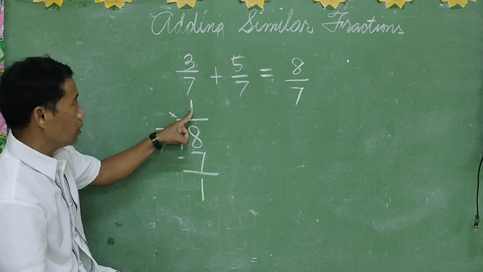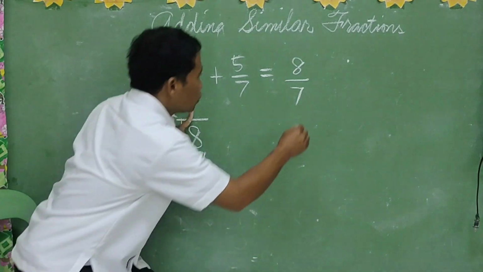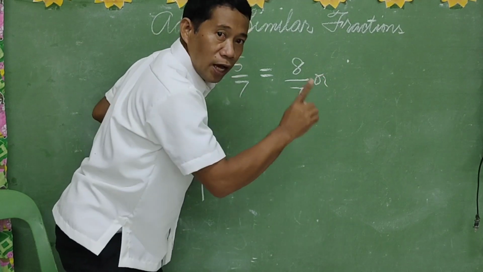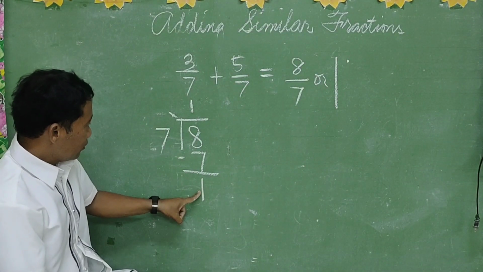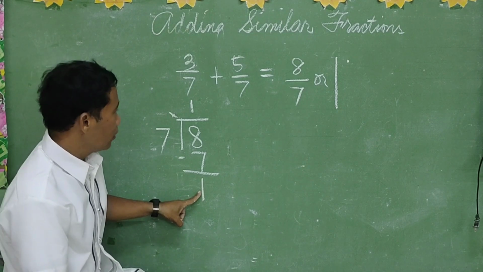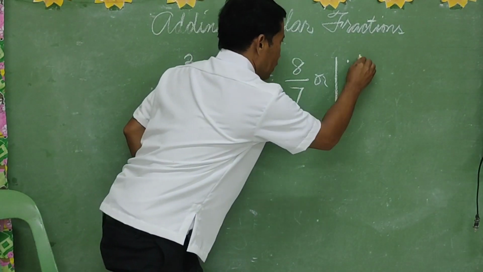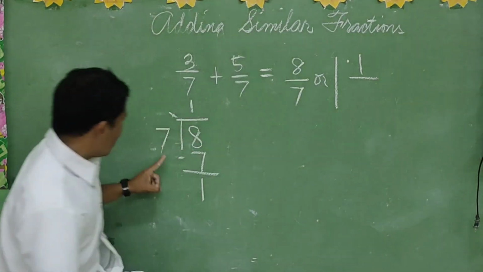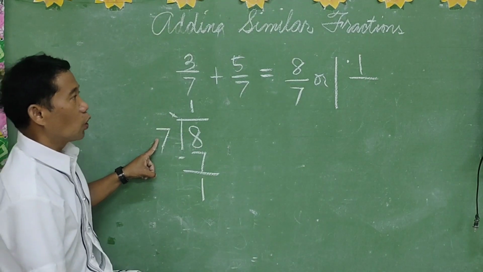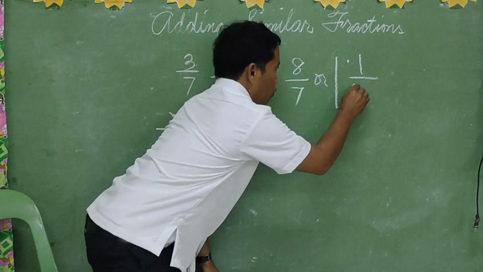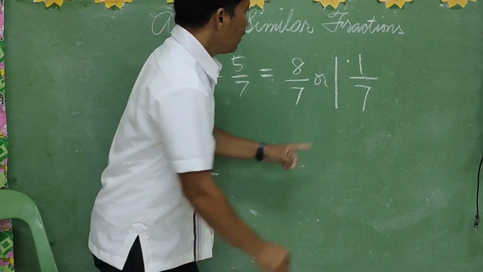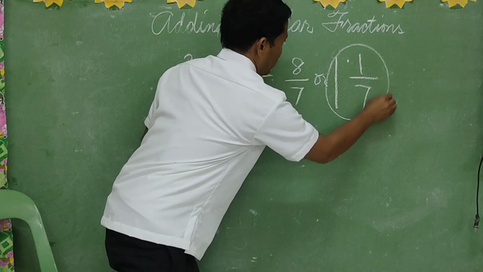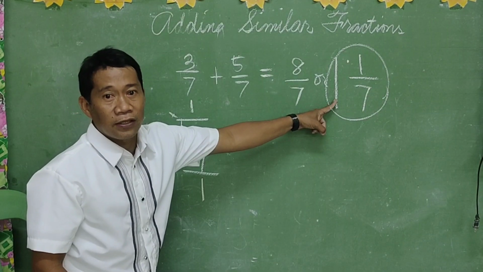This portion here, the quotient, you are going to use as your whole number. And the remainder here is your numerator. And the divisor here is your denominator. So 8 sevenths or 1 and 1/7 is in simplest form.